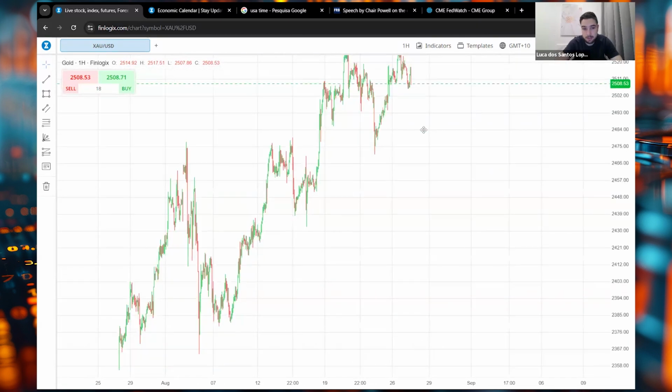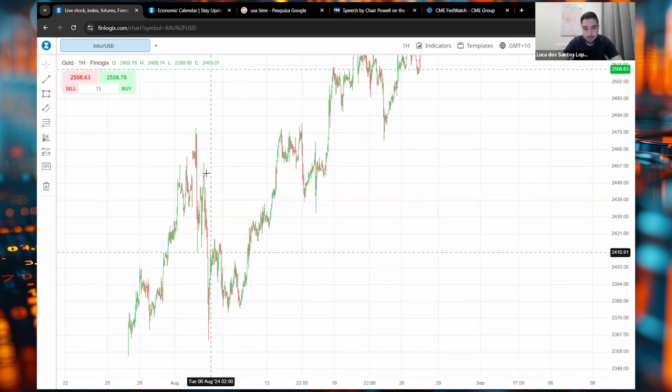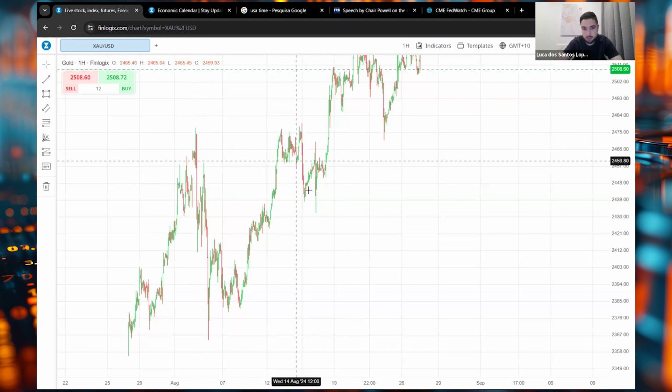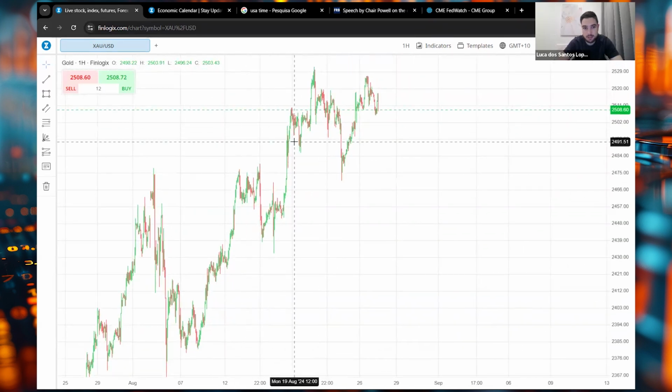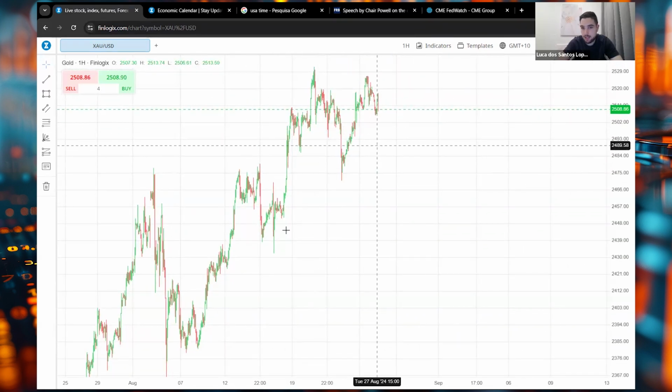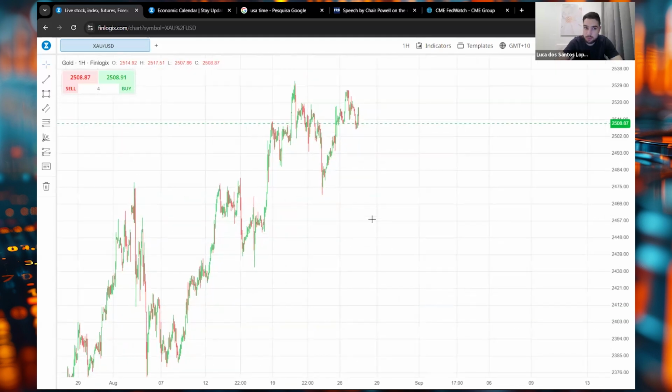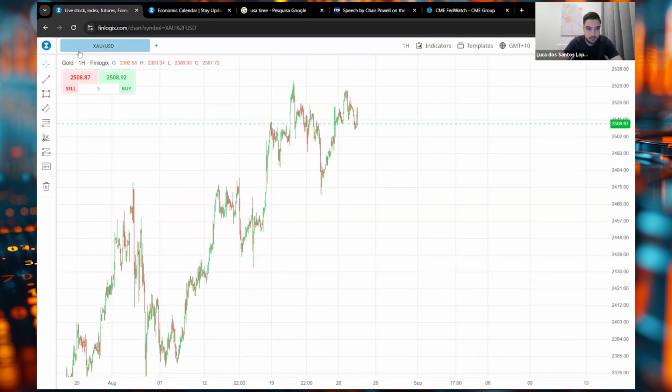But it hasn't come yet. I was expecting something huge on this move, but it broke all-time highs again. And since then it hasn't retraced yet. So that's going to be very interesting to see.